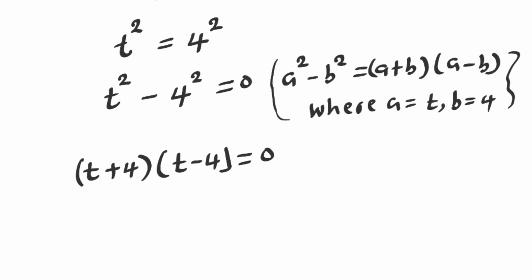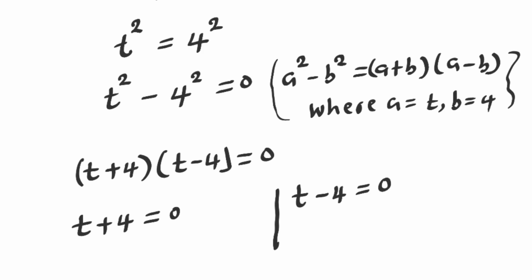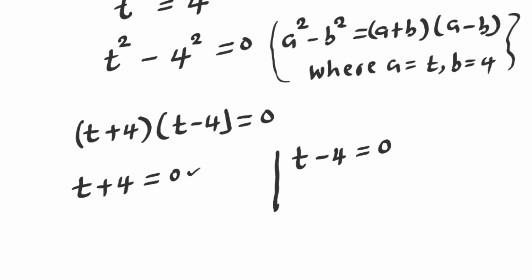There are two cases here. The first case is t + 4 is equal to 0, and the second case is t - 4 is equal to 0. Then from here, t is equal to minus 4. This is the value of t here.